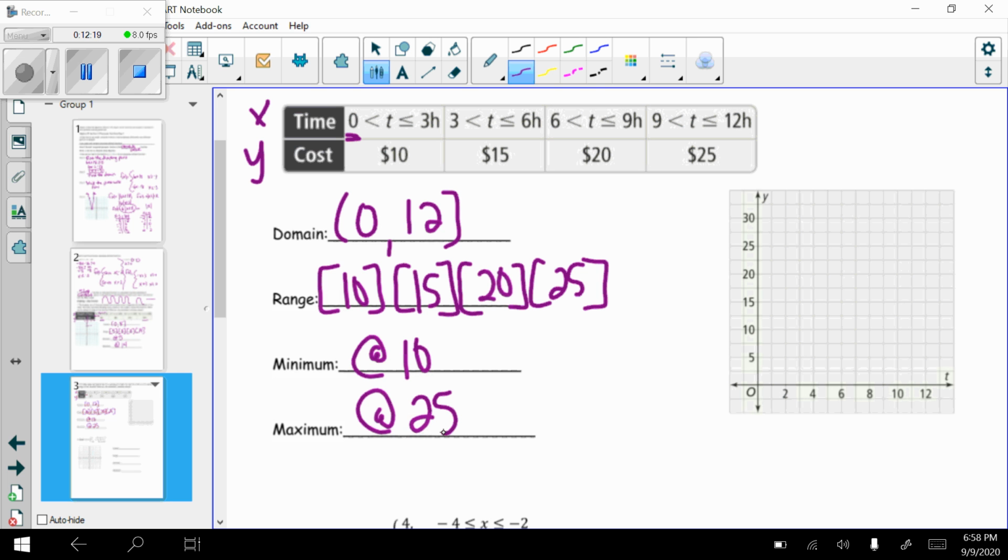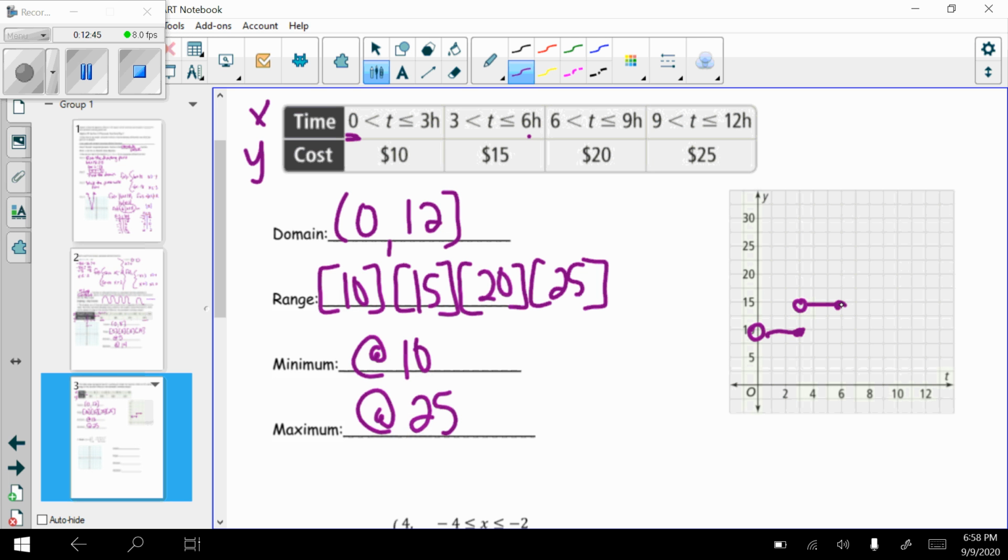So now I want to plot these. So from 0 and 3, I'm at 10. So (0, 10) open, and then (3, 10) closed, and I connect them. Then I go (3, 15) open, (6, 15) closed, connect.